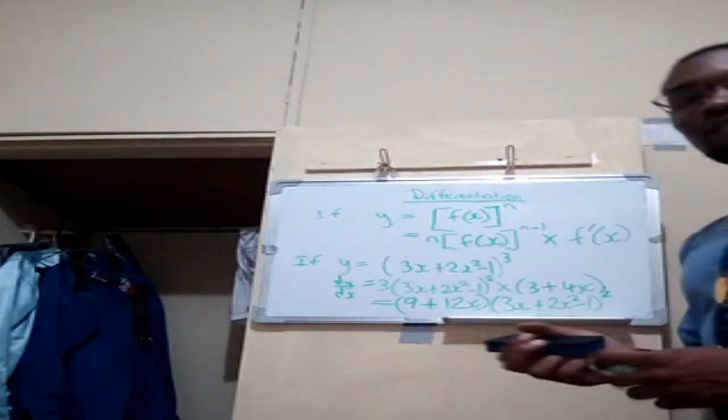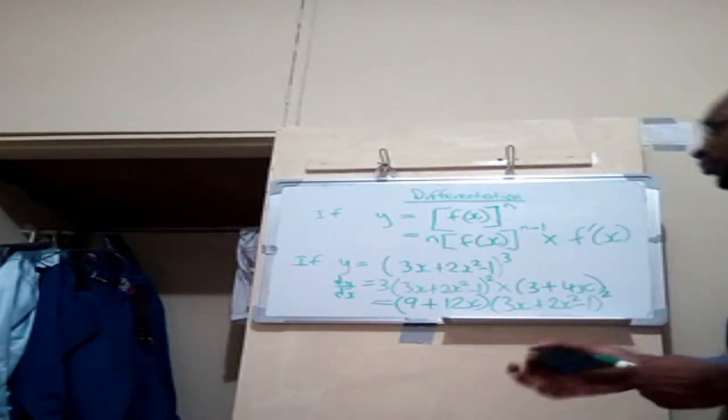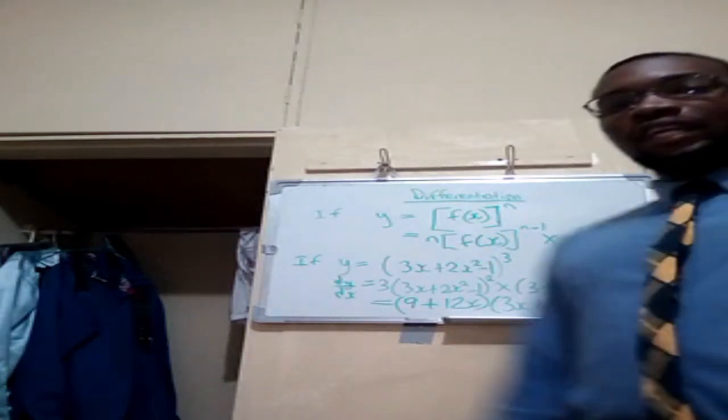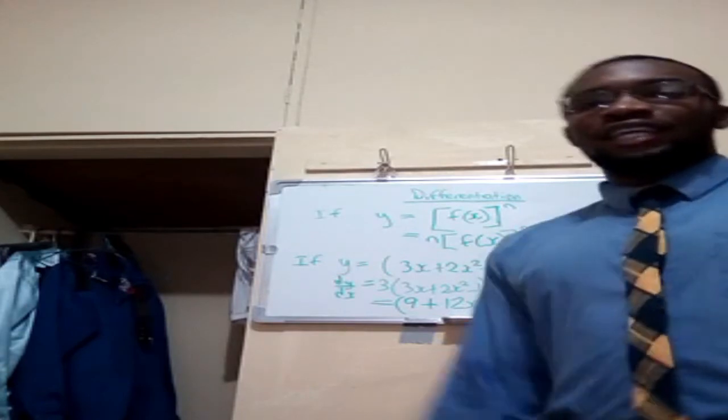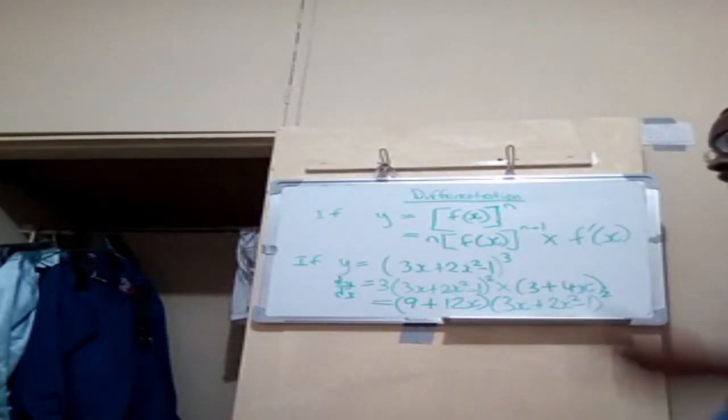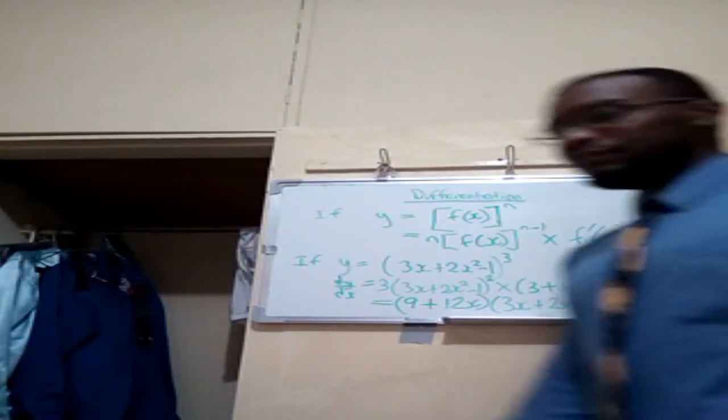And that is the composite rule or chain rule. That is one way we use the composite rule or chain rule. Later on, you're going to see another chain rule, which is pretty much similar to this. And so this is how we use the chain rule.